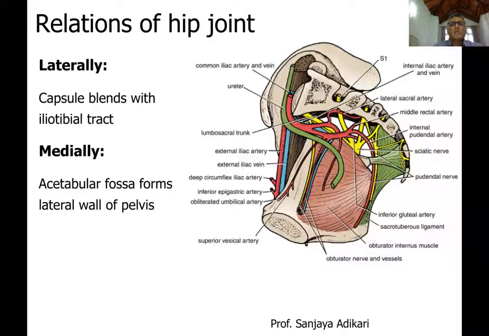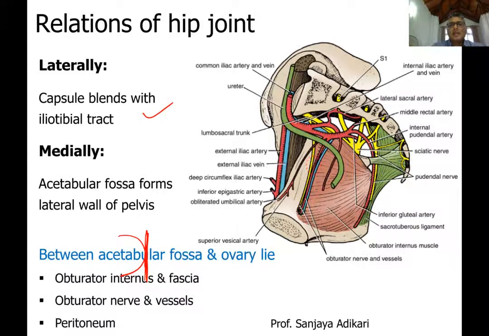Then laterally, the capsule blends with the iliotibial tract, so that's clear. And medially, it's important, the acetabular fossa forms the lateral wall of the pelvis in that area. The important point here is that deep to the acetabulum you get the lateral wall of the pelvis and the ovary, the ovarian bed.